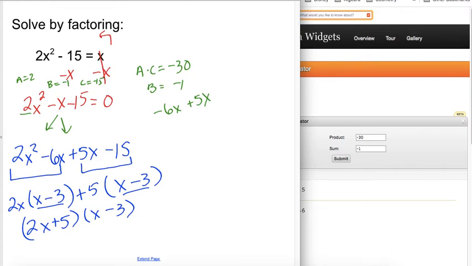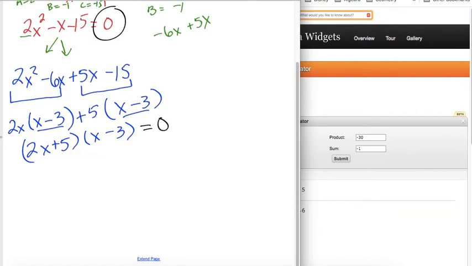Remember, though, that it was equal to 0. So we're going to say that this equals 0. We've done the hard part. Now we just have to finish the solving. In order to solve by factoring, these binomials are multiplying by each other. And you know that any number, say a 5, times the number 0 will result in 0.